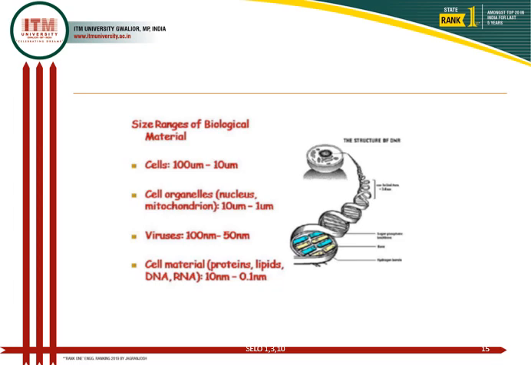And below this, we have cell materials like lipids, proteins, DNA, RNA. So whenever we talk about nanobiotechnology, we will deal with DNA, RNA, proteins, the development of these things and their application for new synthesis processes.